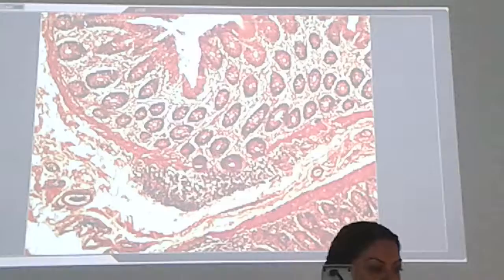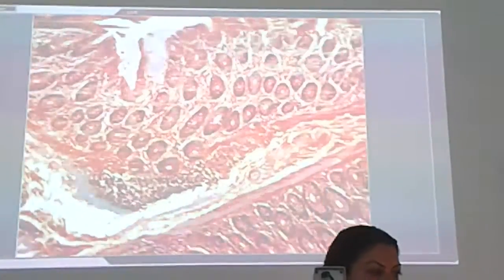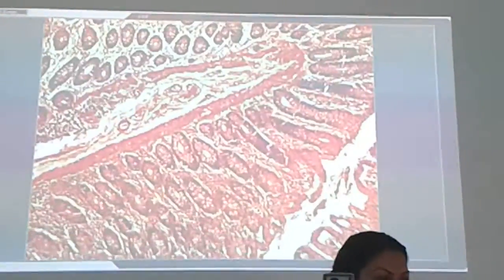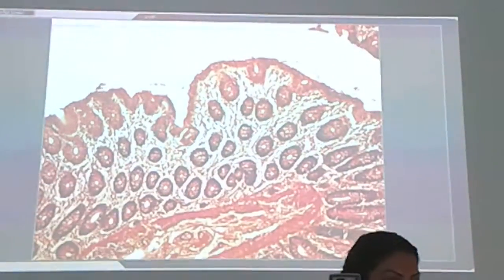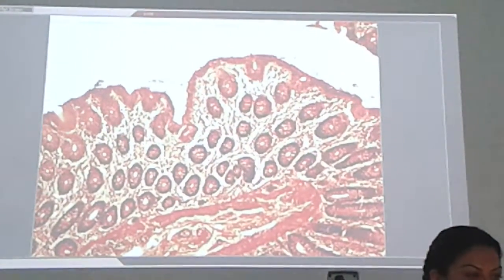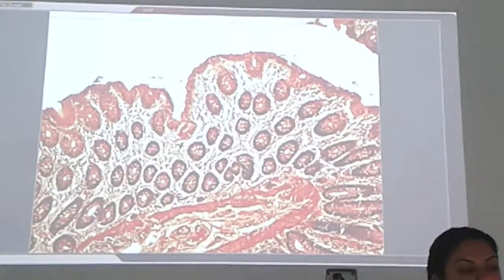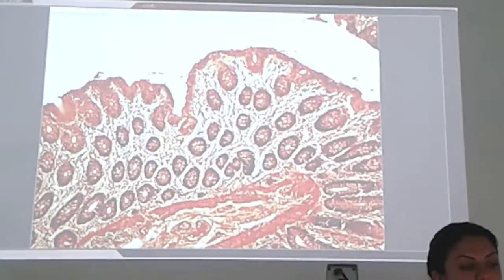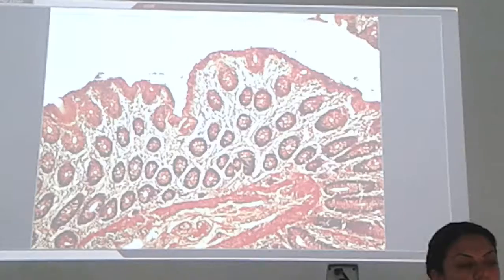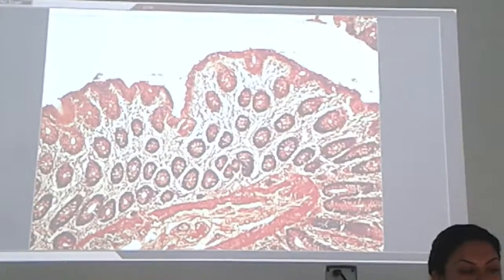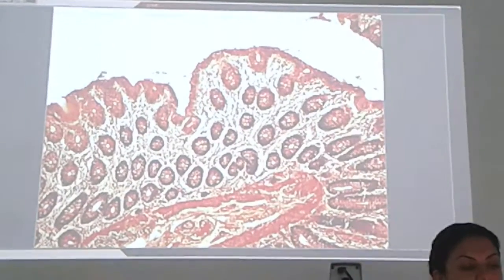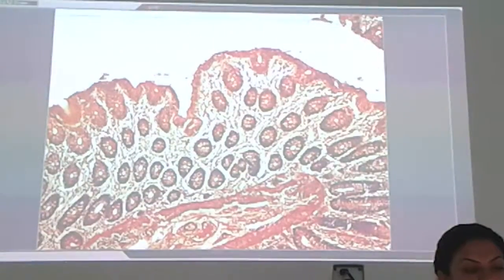Let's magnify our image. See, this is the mucosa layer. This is lined by columnar epithelium again. And as you see, the number of goblet cells increased here.